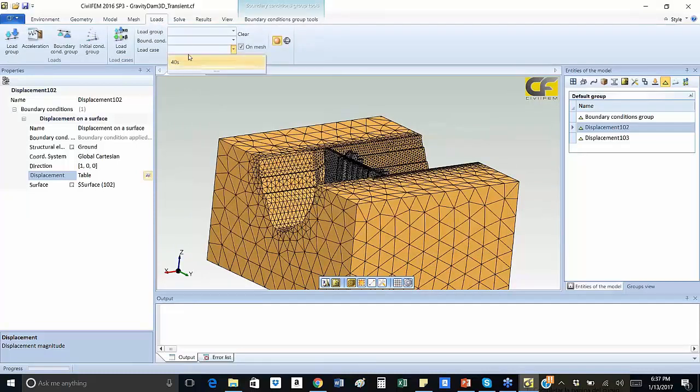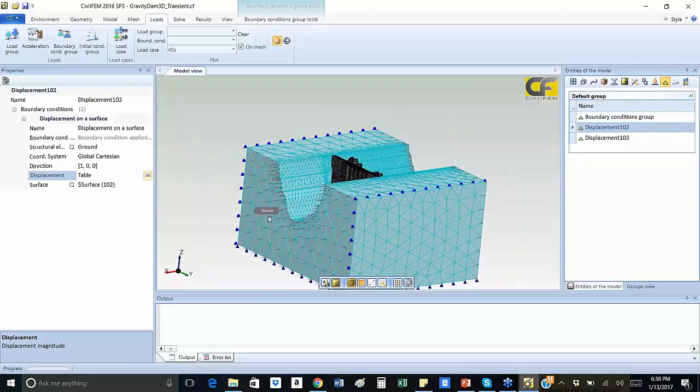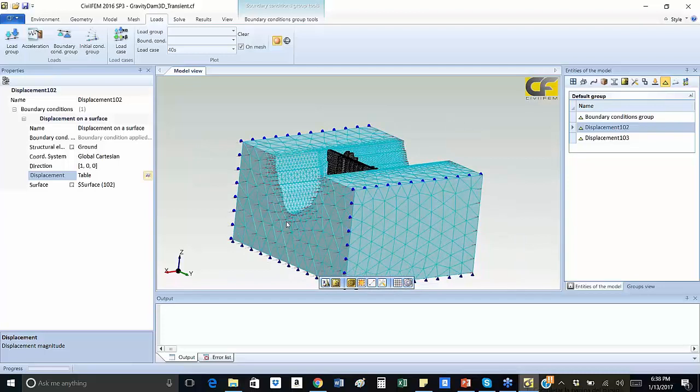We can also visualize it. Notice the distribution. The x displacement in red shows the applied known history.